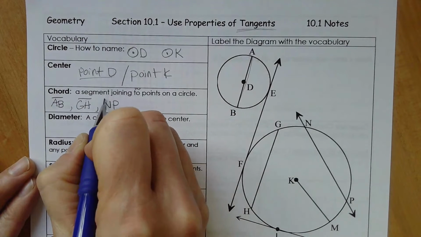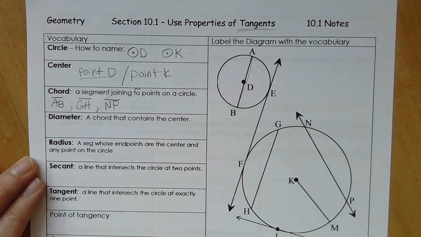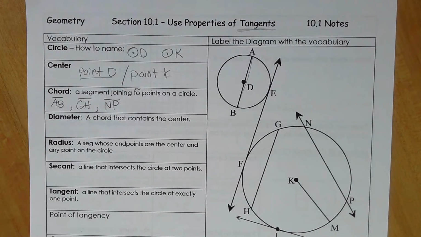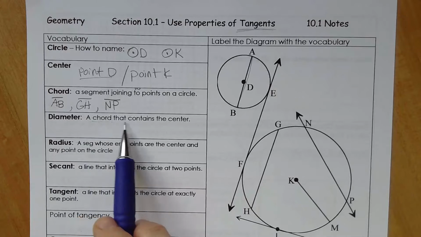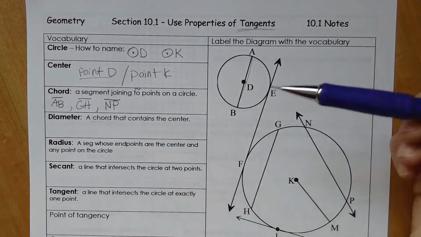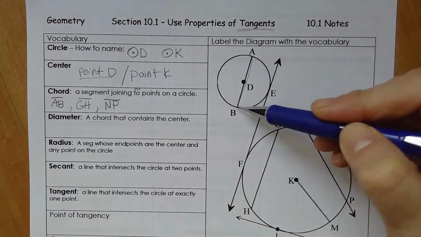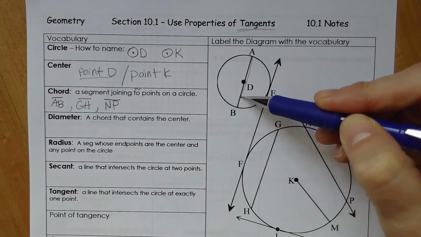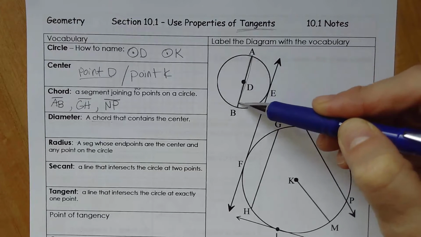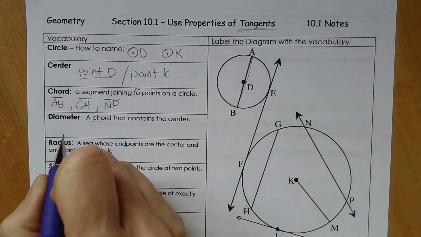So if you write it NP with the segment over the top, you're referring to just the chord. A diameter is a chord that contains the center. I always say it's a chord that goes through the center. The only diameter we have on this whole diagram is this one, from A to B or B to A.